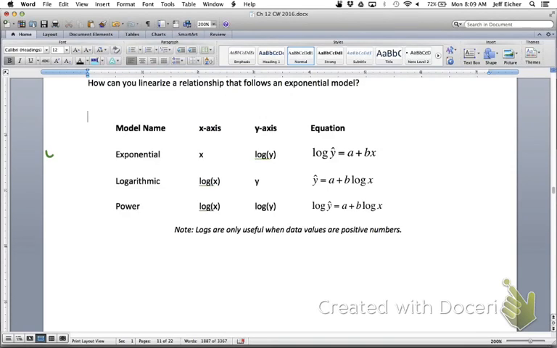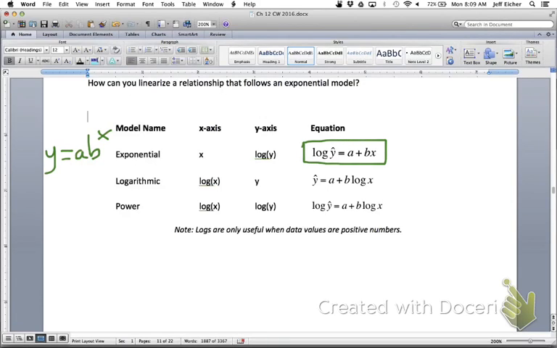So for instance, if you had y equals a b to the x, that would be an exponential model. You're keeping x the same, but you're going to do a logarithm of y. And the equation that we would use is this equation.